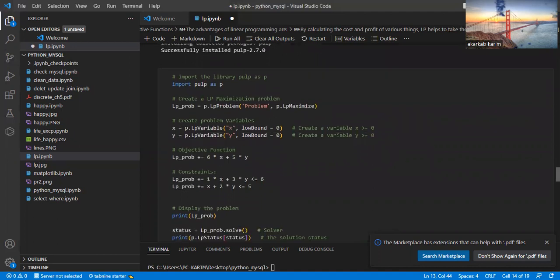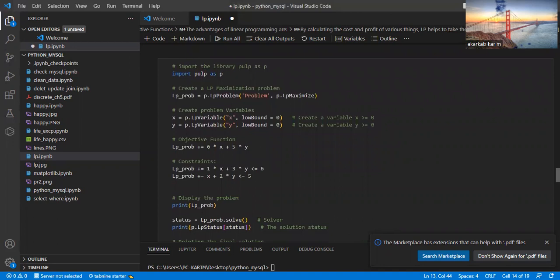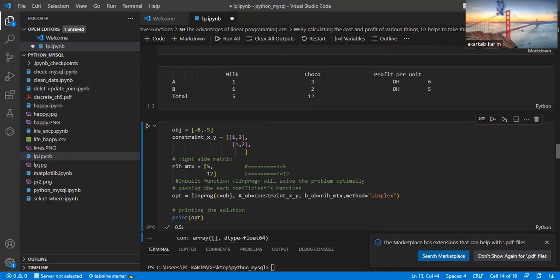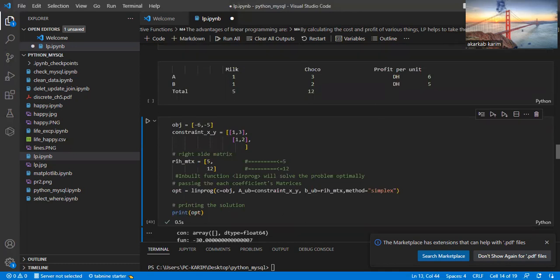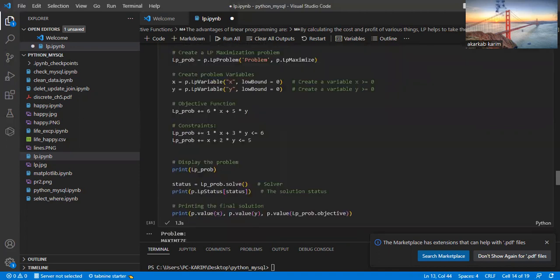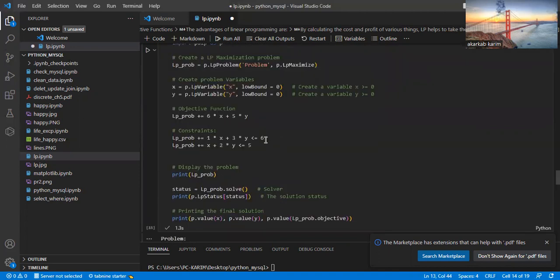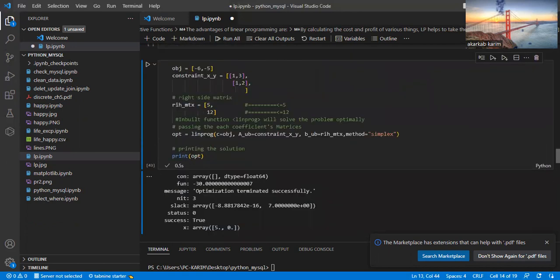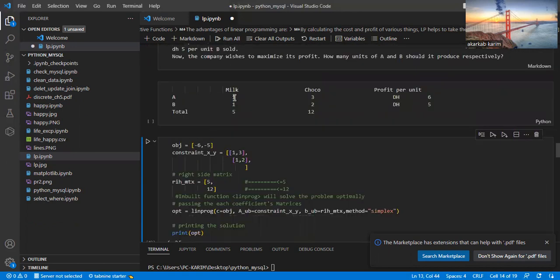So this constraint here, sorry, so we need to replace, so this is constraint 5 here for milk and 12 for sugar.